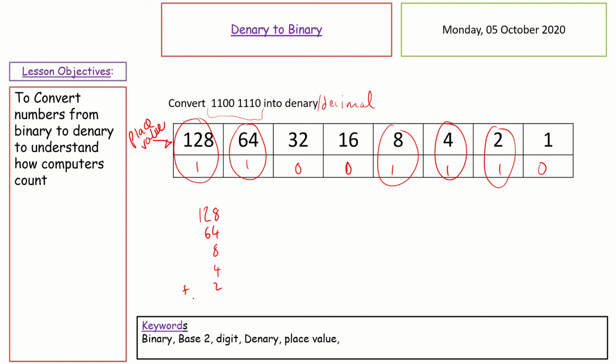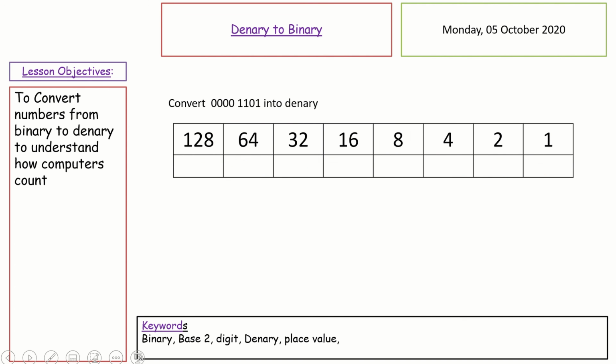So 8 plus 4 is 12, plus another 8 is 20, plus 4 is 24, plus 2 is 26, so I'm going to carry the 2. Now 2 plus 2 is 4, plus 6 is 10, so that's 0 here, and carry the 1, and 1 and 1 is 2. So this number here is 206, so I can say that 11001110 equals 206.